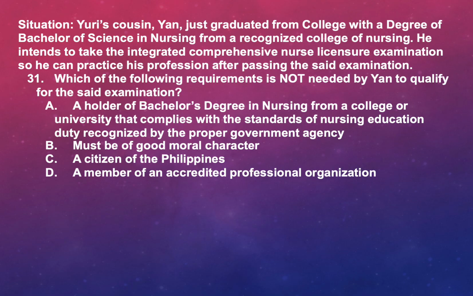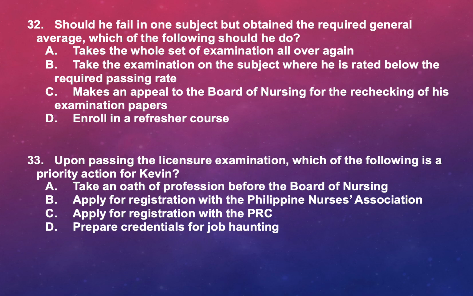The answer here is D. Because you're not yet a professional nurse, therefore you don't need to be a member of the APO. ABC are the minimum requirements of taking the board examination for nursing. 31 is letter D.